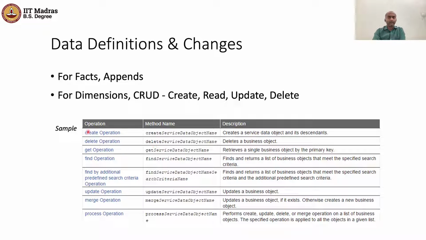So here you can think about a create operation that's creating a new data object and its descendants, meaning specific variations of that data object. Deleting is of course deleting the object. The get operation is getting a single object using some kind of a primary key. The primary key refers to that column which uniquely identifies a specific row of data.